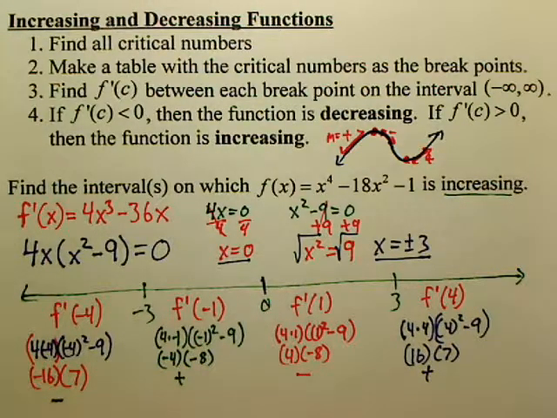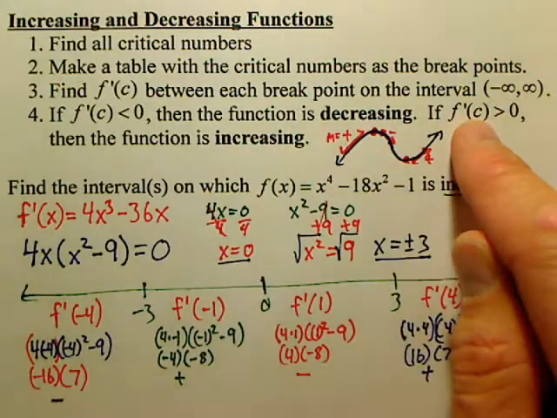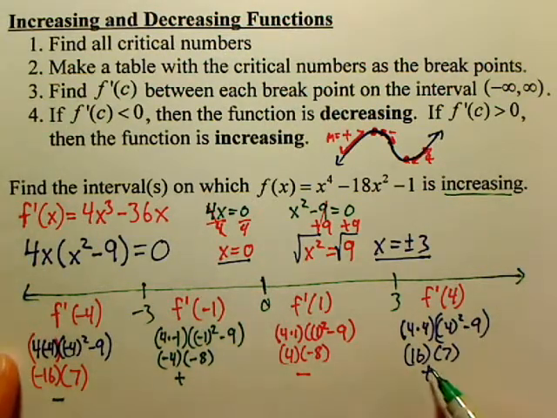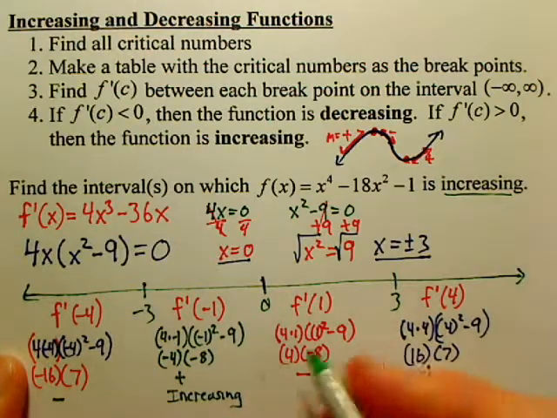So what this says is we're asking for increasing. Increasing would be where this derivative is greater than 0. So what we notice is the two intervals for which we're increasing are these two. So my answer is increasing on which two intervals?